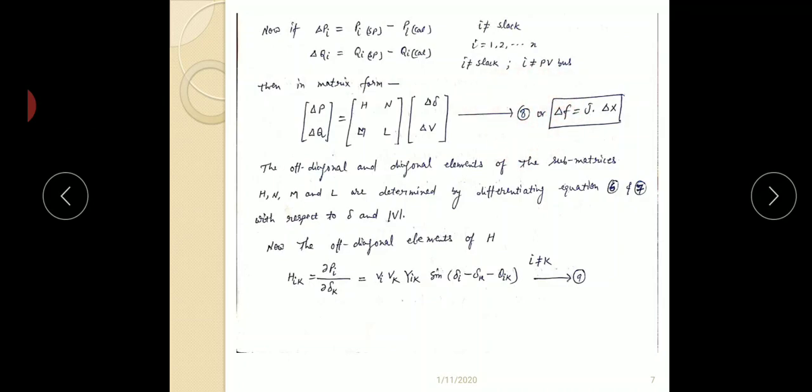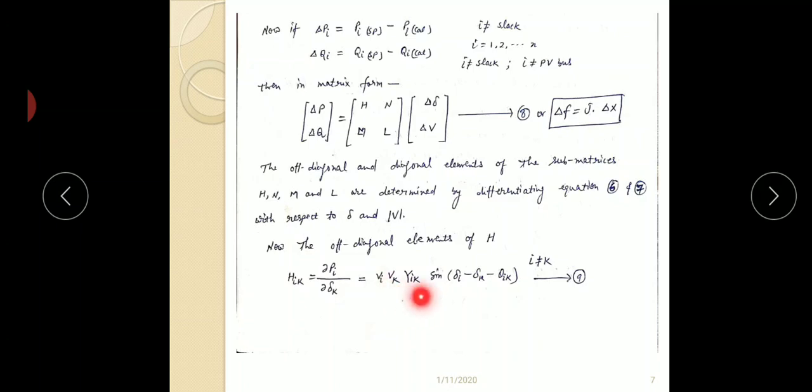Now the off diagonal and diagonal elements of the sub matrices H, N, M, L are determined by differentiating equations 6 and 7 from the previous slide with respect to delta and V, right? So the off diagonal element of H, written here as Hik, is del Pi over del delta k, from equation number 6.